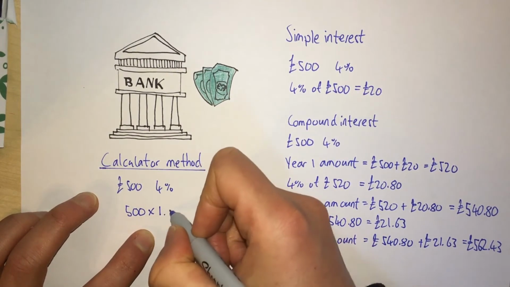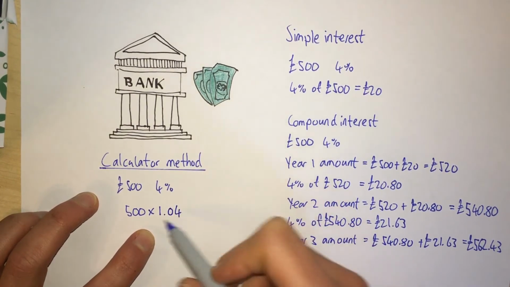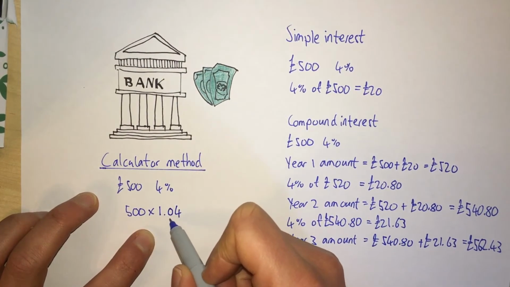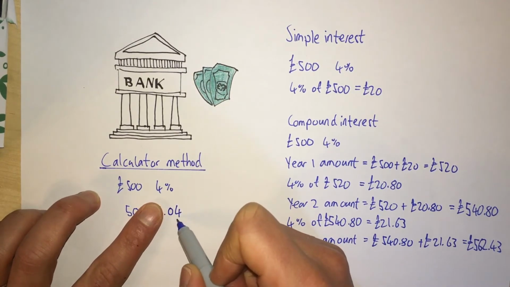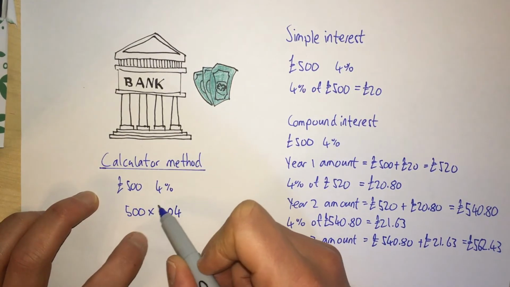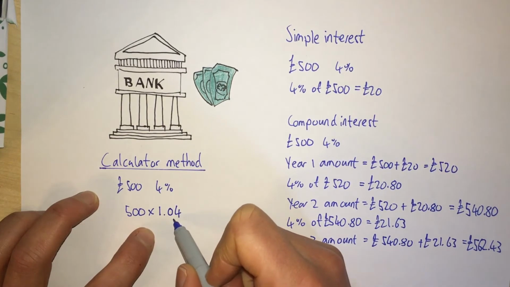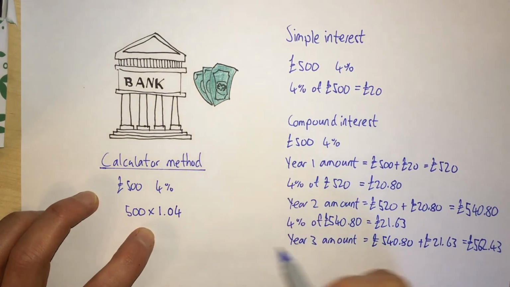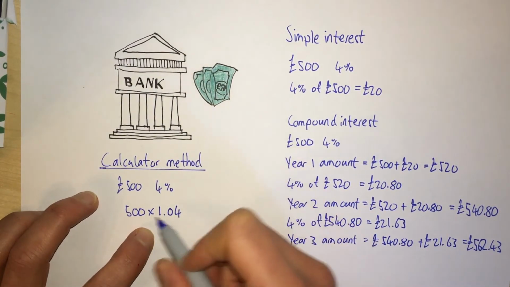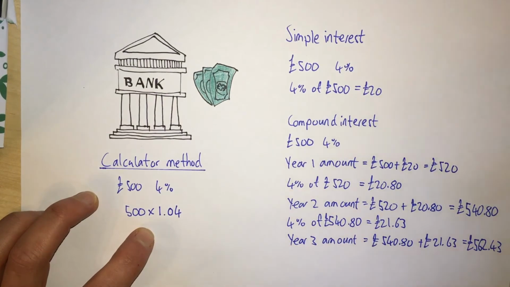So if I write that as a decimal, my increase is 1.04 because 4% as a decimal is 0.04. So I'm increasing this amount. Now, if I multiply this again by 1.04, that'll be my answer after 2 years. And if I do it 3 times, that'll be my answer after 3 years.